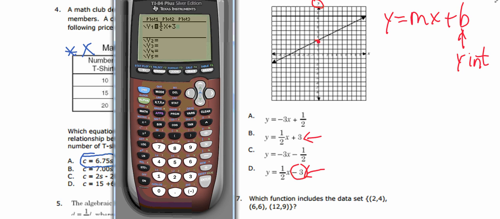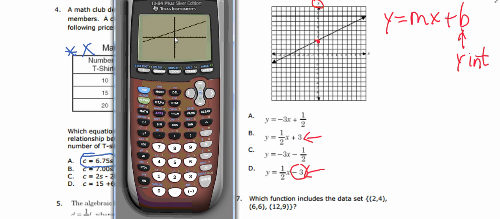Instead of looking at the table, let's do a zoom 6. And it looks like it crosses at 3. But we still can't be certain on this one.